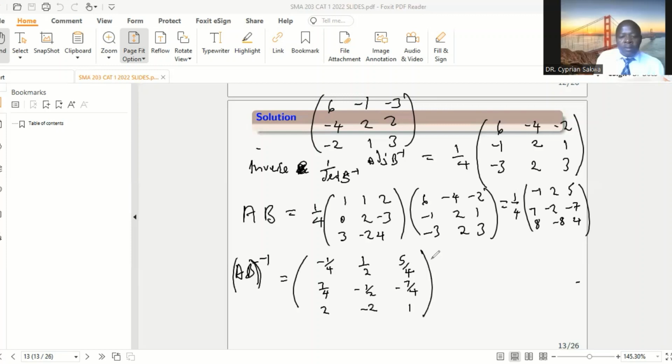This must get the inverse. So a quarter must be included in this matrix. You don't leave it outside when you get the inverse.